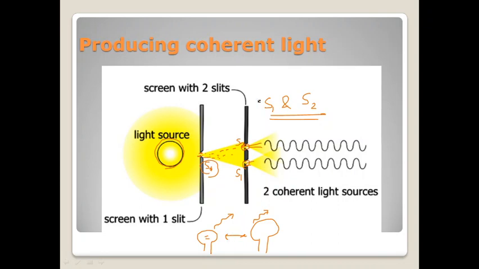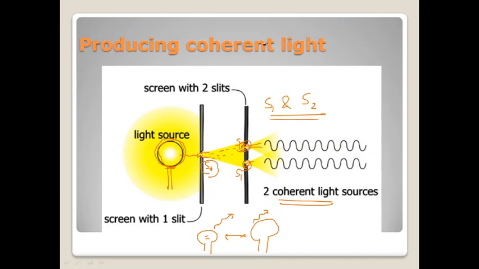So in order to produce coherent light, we use a single light source from which we produce a light wave of the same frequency or same wavelength, and then we split this wavefront into two, which can act like two coherent light sources. So here we have two waves coming from the two sources. They will have the same wavelength and frequency and constant phase difference.